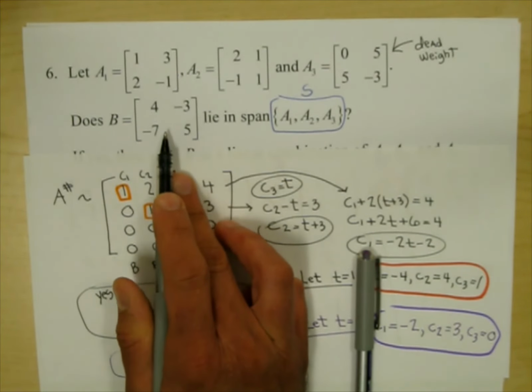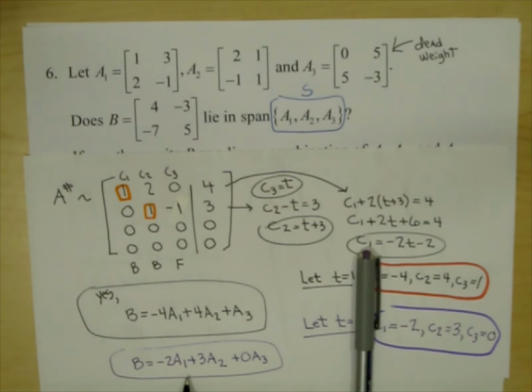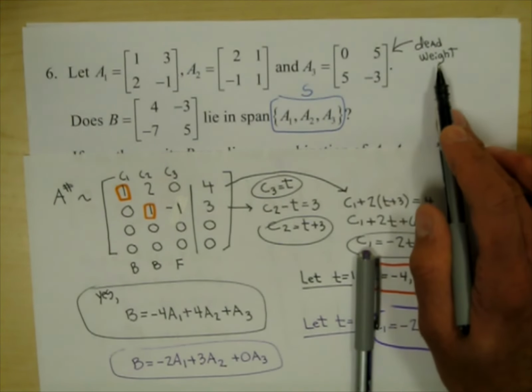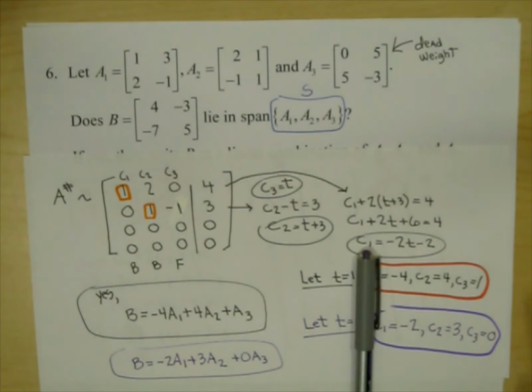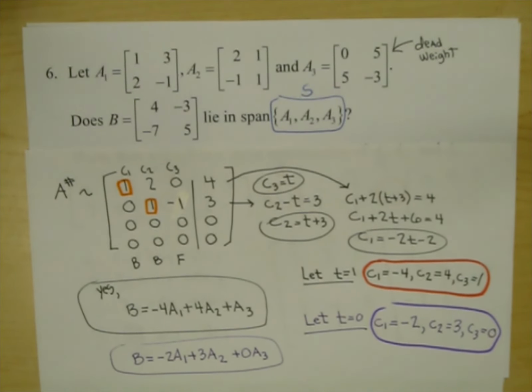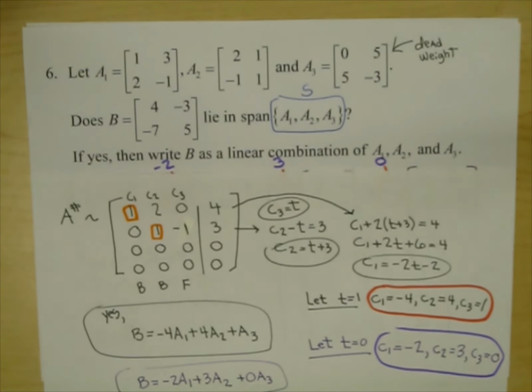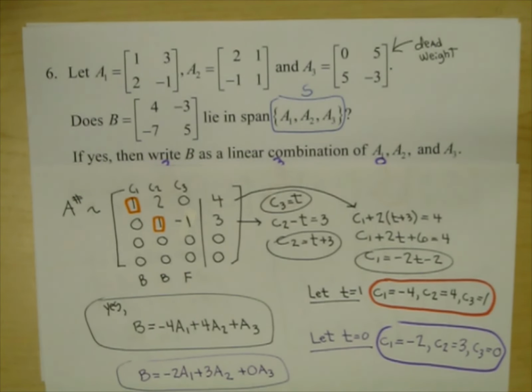This one was probably a shade of orange, and we could have just used the first two colors like we did right there, see? So dead weight is going to be very important when we talk about linear independence, linear dependence, and that's not in this section. The important thing was, can we answer this question? Does B lie in the span? And if it does, can you write B as a linear combination? And we did.